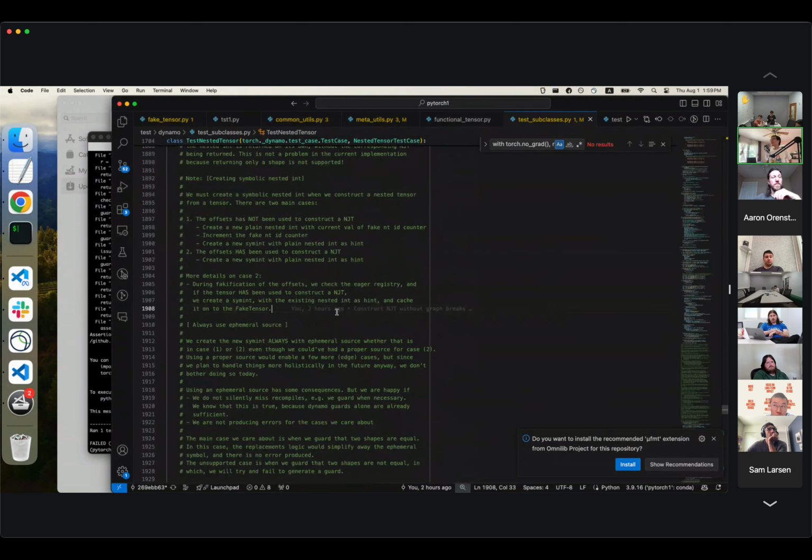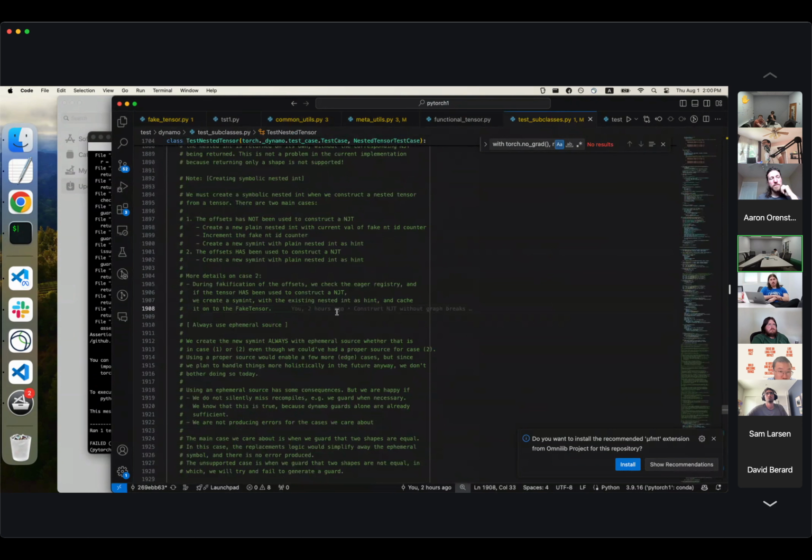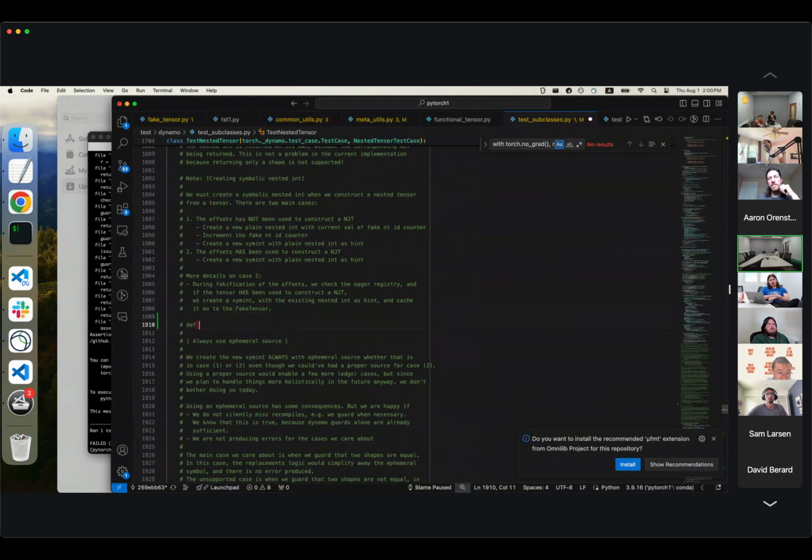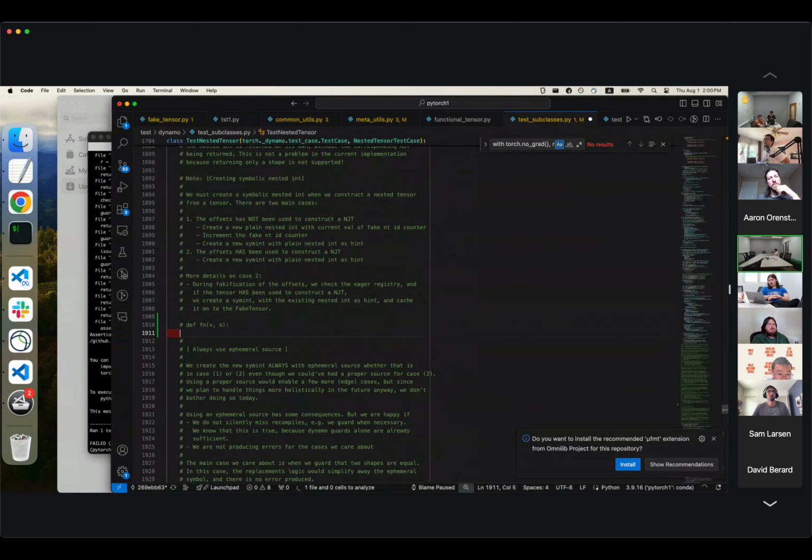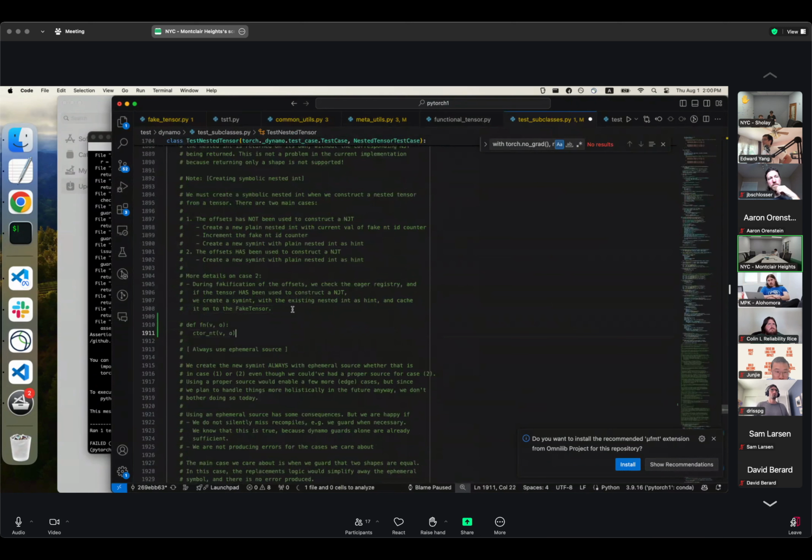So it's back to my question. You mentioned some sort of long-term plan to explicitly model the side effect, but is there a side effect? It doesn't seem like there's one. Let me do an example. Let's say you have a function that takes offsets and returns an NJT.